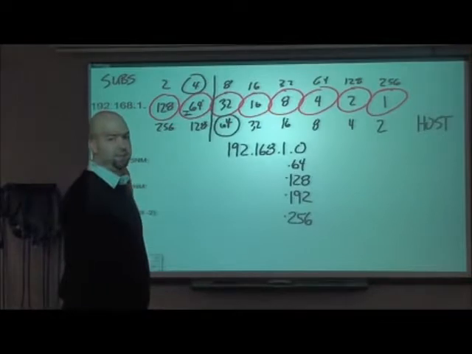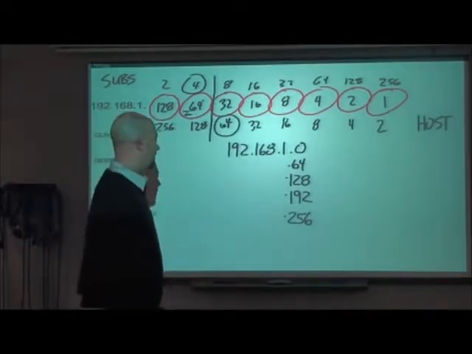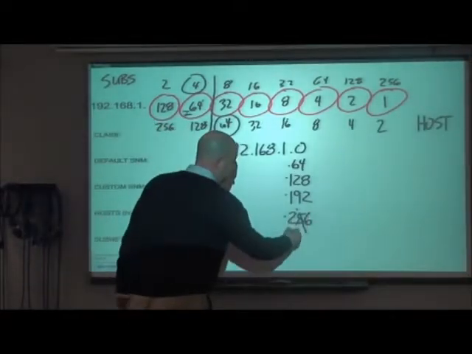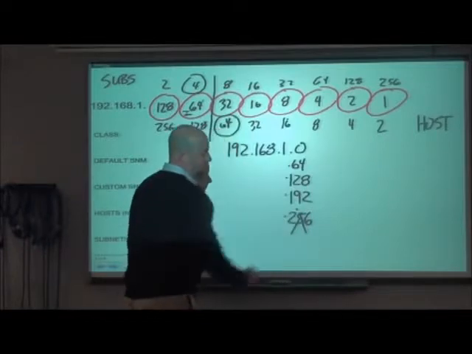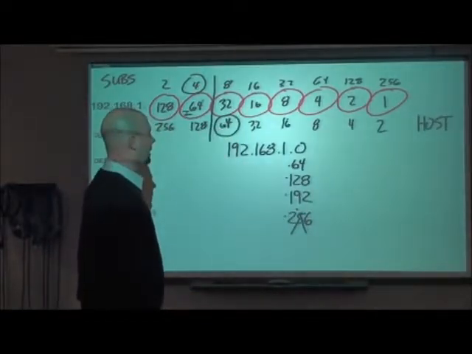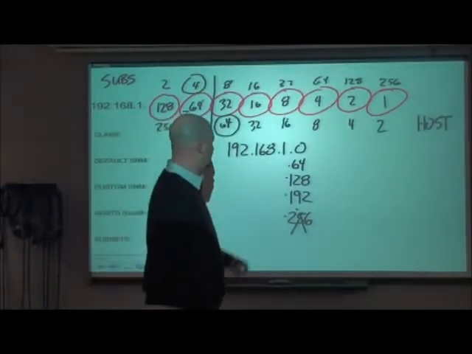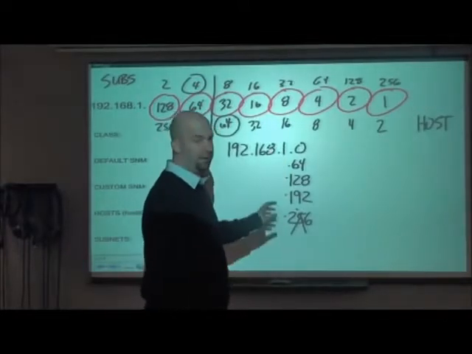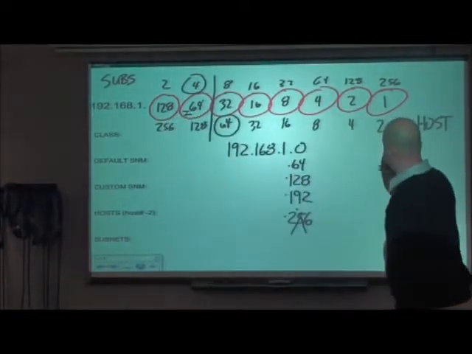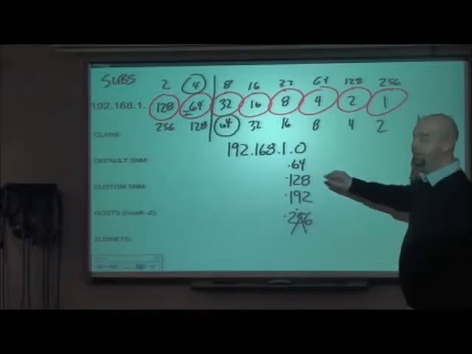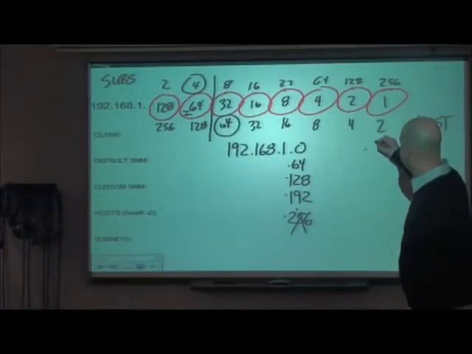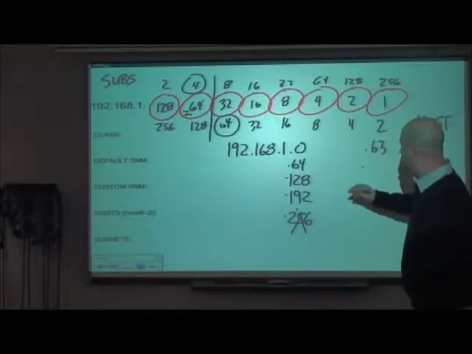We know that 256 is not possible, so 192 is going to be our last network address. Now that we have these filled out, we can fill out the rest. We'll subtract 1 from .64 and give us a .63. Subtract 1 from 128 and give us a 127.